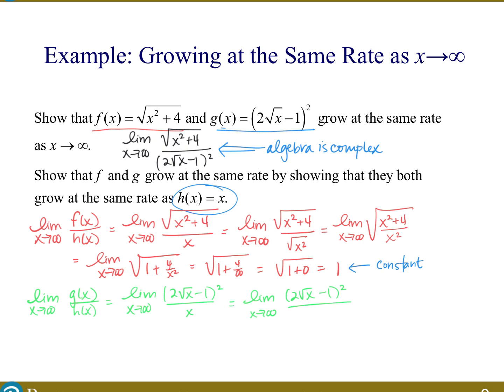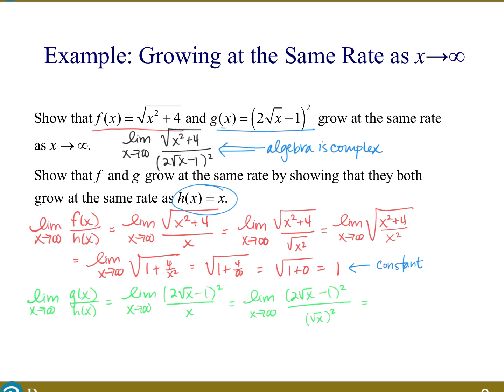X is the same in this case as rad x quantity squared. So I'm manipulating this time so that I use parentheses, like the numerator has parentheses, whereas last time I used a square root as the main thing because the numerator had a square root.